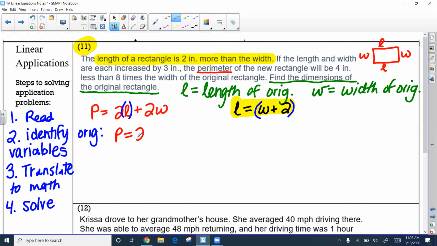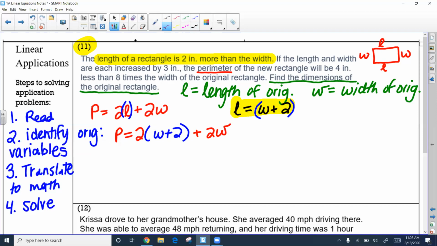So P equals 2 times W plus 2, plus 2W. That's our original rectangle. I used this sentence, L equals W plus 2, so I replaced L with W plus 2.